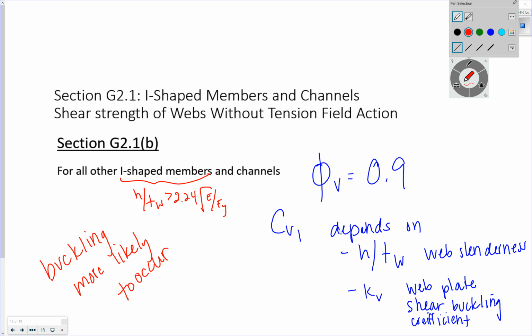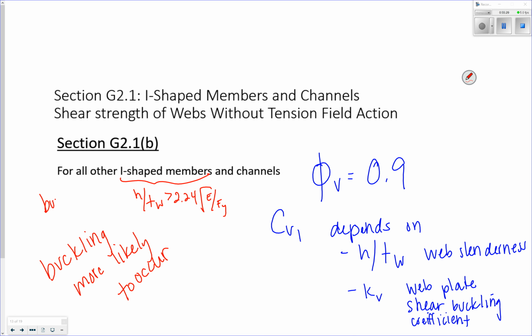So I get to go down to G2.1b if I have a built-up section, or a rolled I with a higher slenderness ratio.